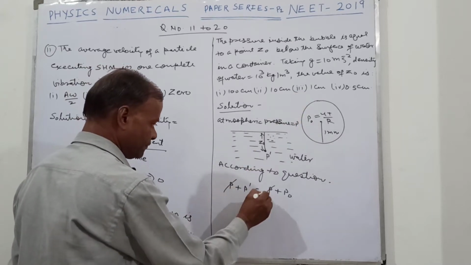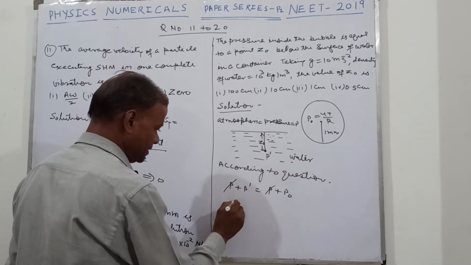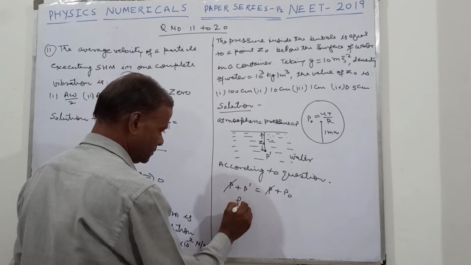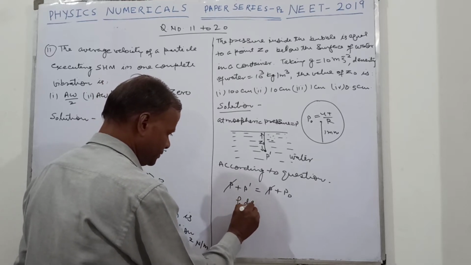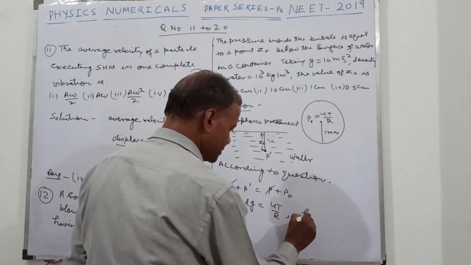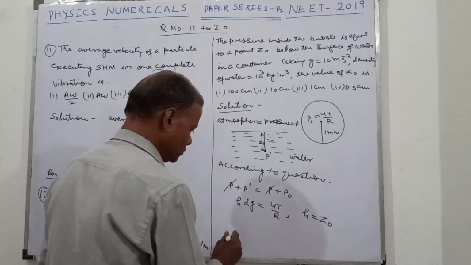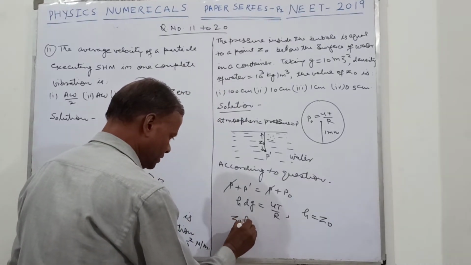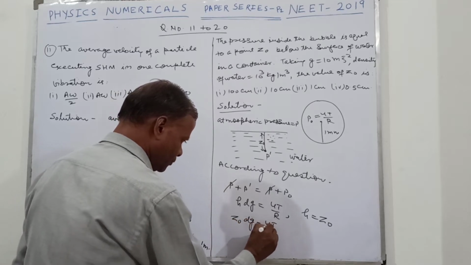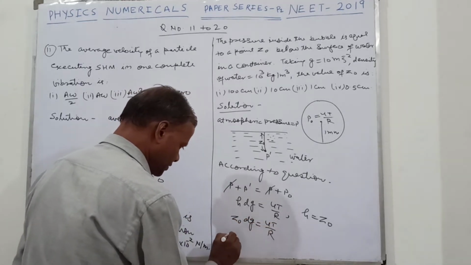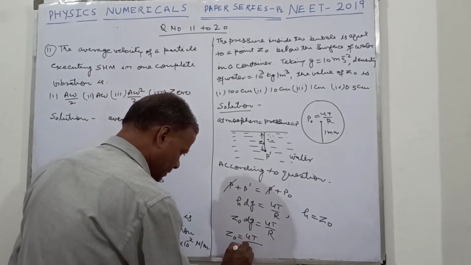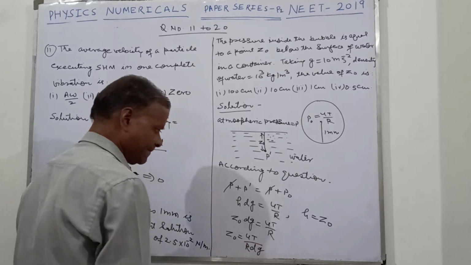So this P will cancel from both sides, and this P dash is equal to h dg, equal to 4T upon R. Now here this h equal to Z naught, so you take it to be Z naught dg equal to 4T upon R. So this is giving you Z naught equal to 4T upon R dg.